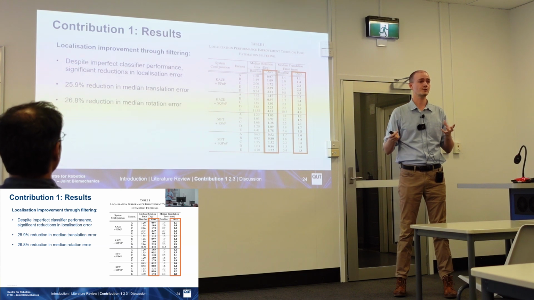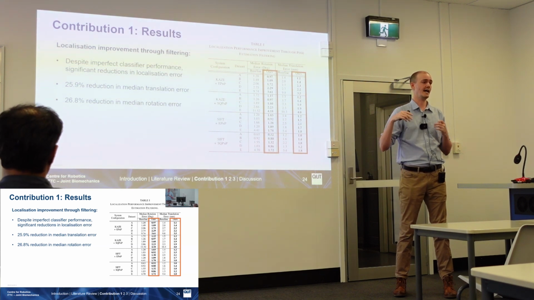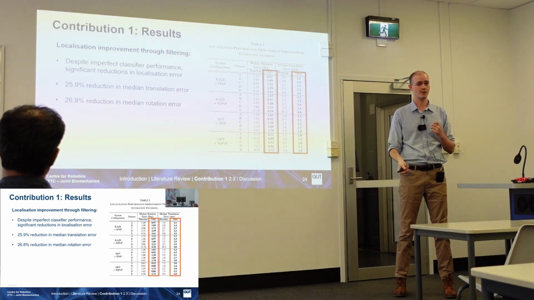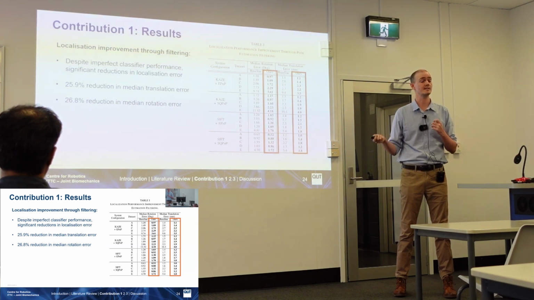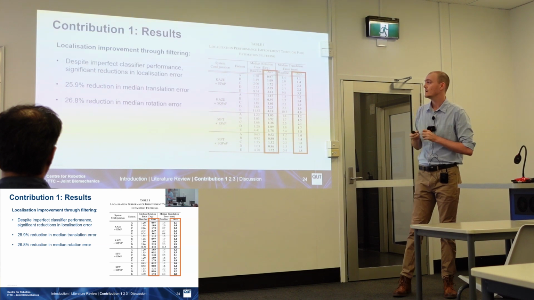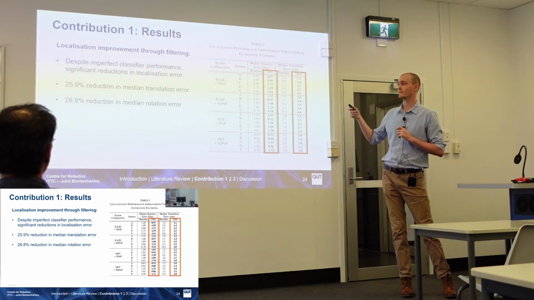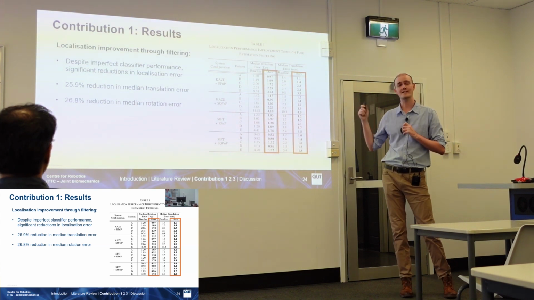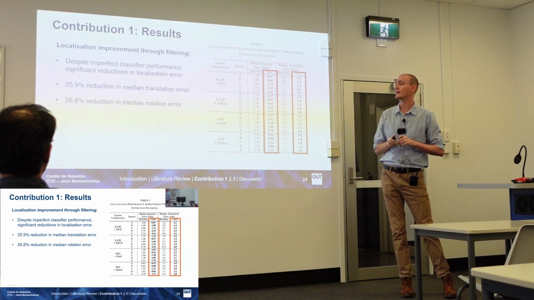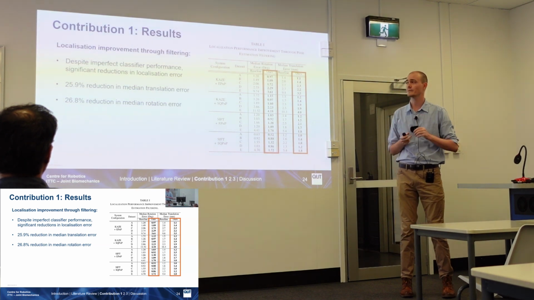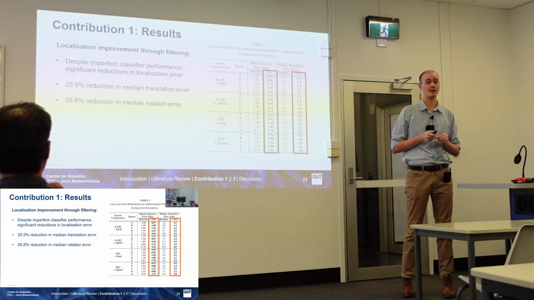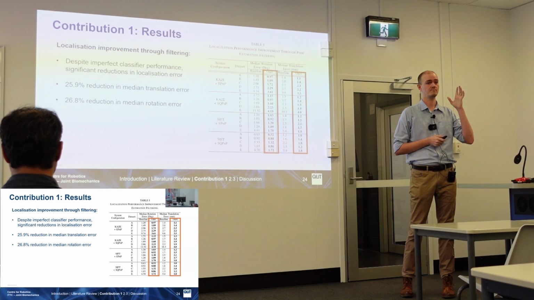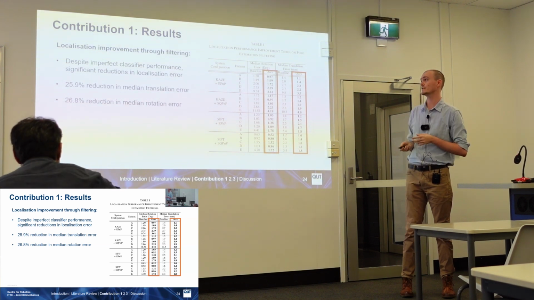So to apply the filtering, we predict an accurate or inaccurate label for every target pose estimate, and we remove any of the pose estimates that are predicted to be inaccurate. Despite imperfect classifier performance, this provides us with significant reductions in localization error, with an approximately 26% reduction in both translation and rotation error across our data sets, comparing pre-filtering and post-filtering.